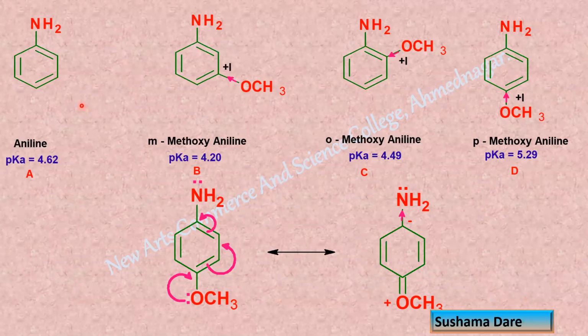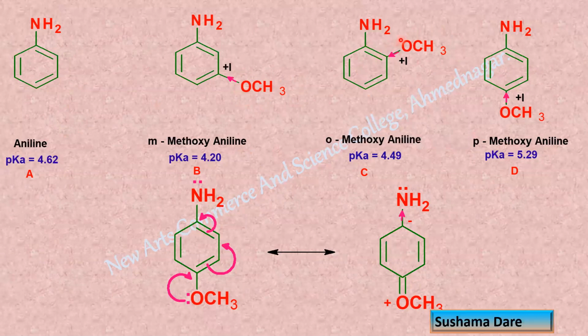So now in this example, instead of the hydroxy group, now there is a presence of a methoxy group. You can see the same sequence. In case of aniline, there is absence of methoxy. Now this is metamethoxyaniline, this is orthomethoxyaniline and paramethoxyaniline.